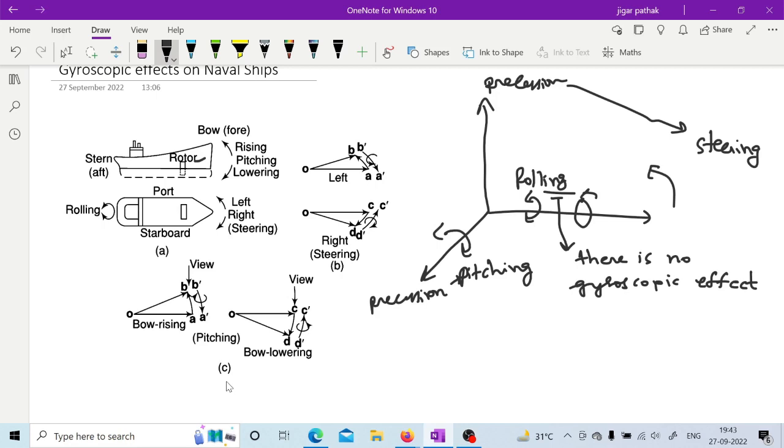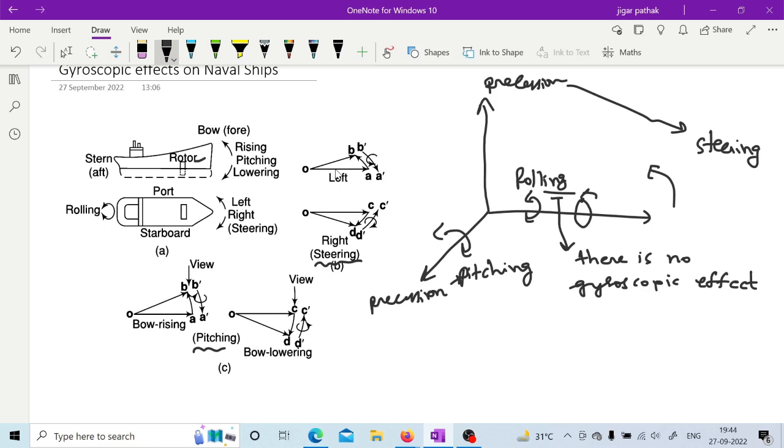Now if we see the different cases, as you can see here they have mentioned steering, and here they have mentioned pitching. What will happen in case of steering? When viewing from the rear, this is clockwise direction and left turn, as you can see, right?